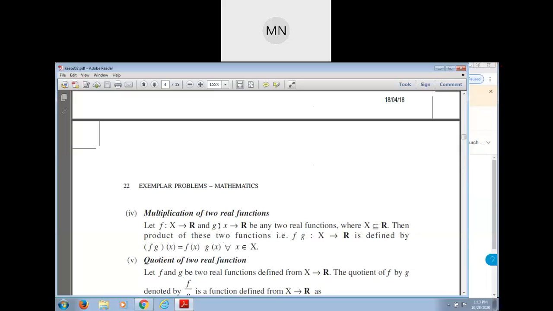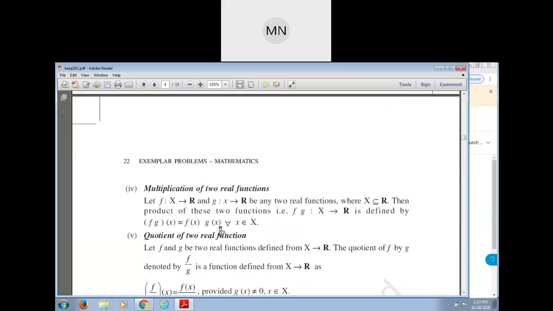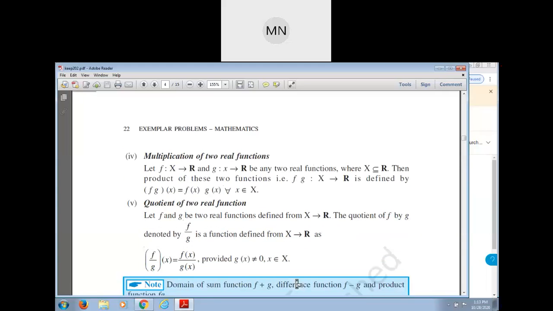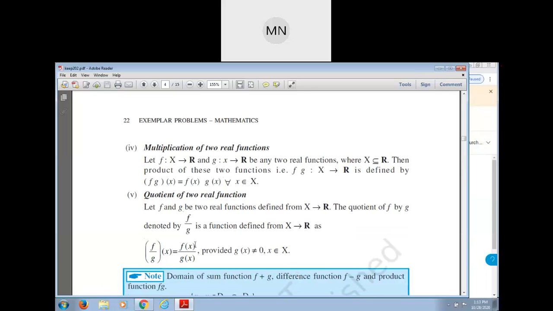Here we consider f and g two real valued functions, then we can define a function f by g from X to R. Here it is defined as f of x divided by g of x. But here the condition is what? g of x does not equal 0. Okay. g of x does not equal 0.